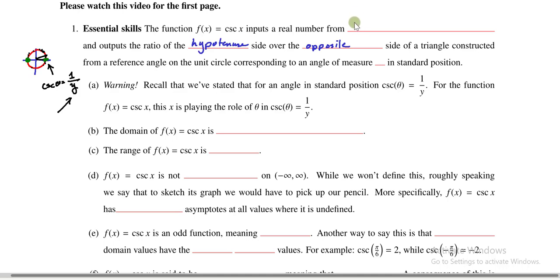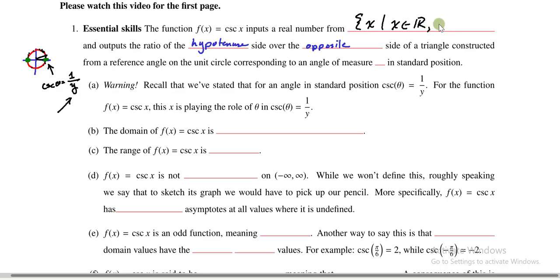So it takes real numbers from the set of x, such that x can be any real number, except that we can't have the input be, what angle is this? This is the angle 0, this is the angle pi, the angle 2 pi.